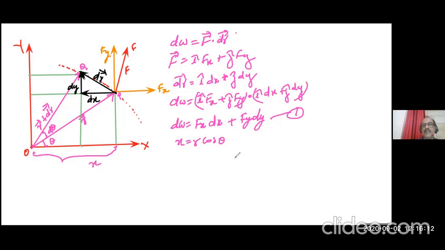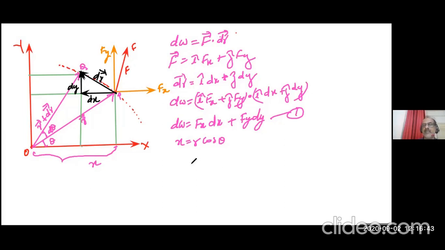How is delta R equal to i dx plus j dy? This is dr, right? Yes, sir. What is this x-axis? dx. What is this y-axis? dy. Isn't it? Yes, sir. I got it. Then square root of dx squared plus dy squared will give you dr magnitude.